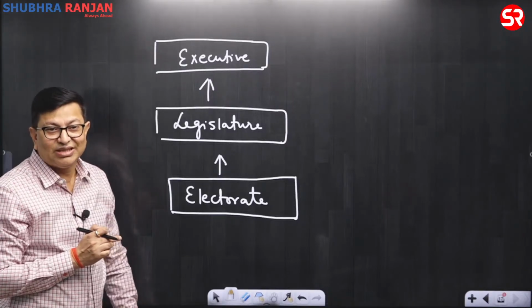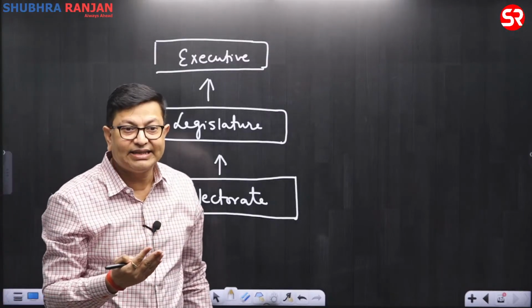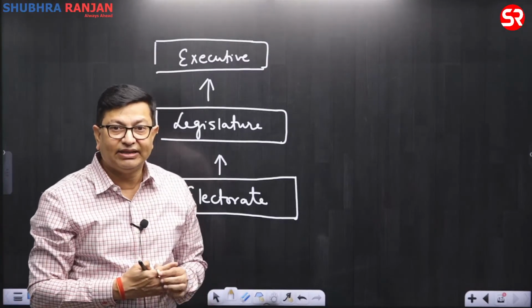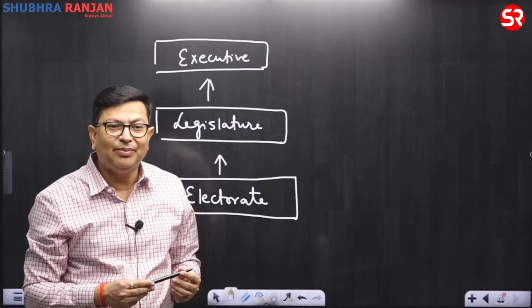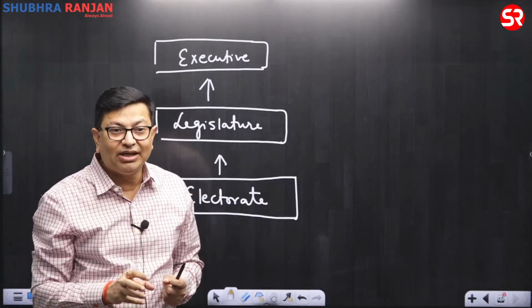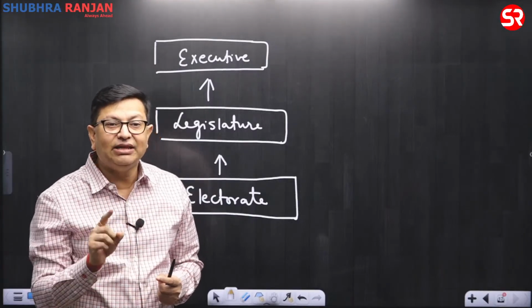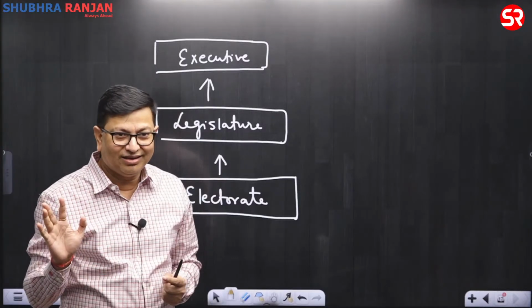No, they are not responsible. Criticism is a different thing. Criticism is a different thing, but a no confidence motion against the government can be passed only in the lower house, that is in the Lok Sabha, and at the state level in the legislative assemblies. Criticisms can be there.